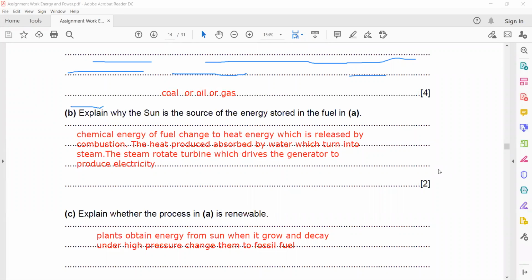It will take a long time to form this source again. So it's not renewable, as the fuel is consumed and can only be replaced over a long time, not a short time. Like the same amount of coal may form after a long time.